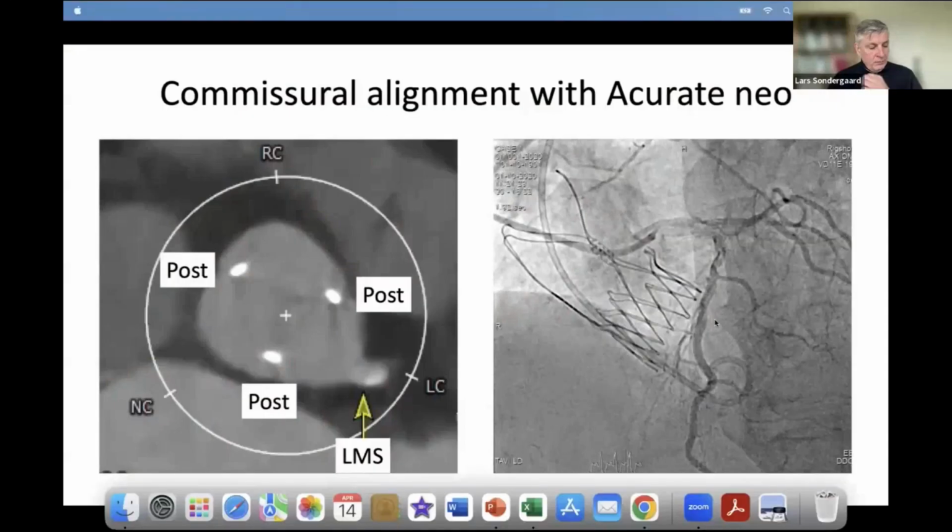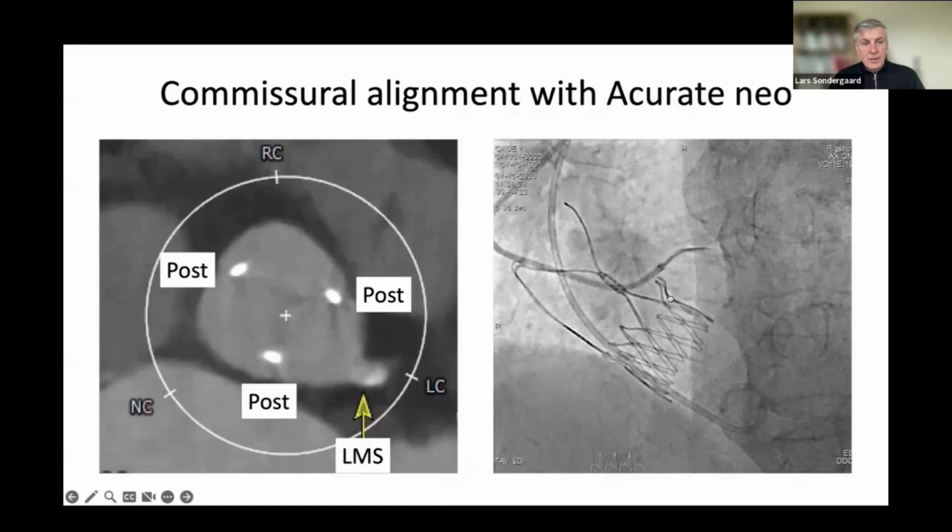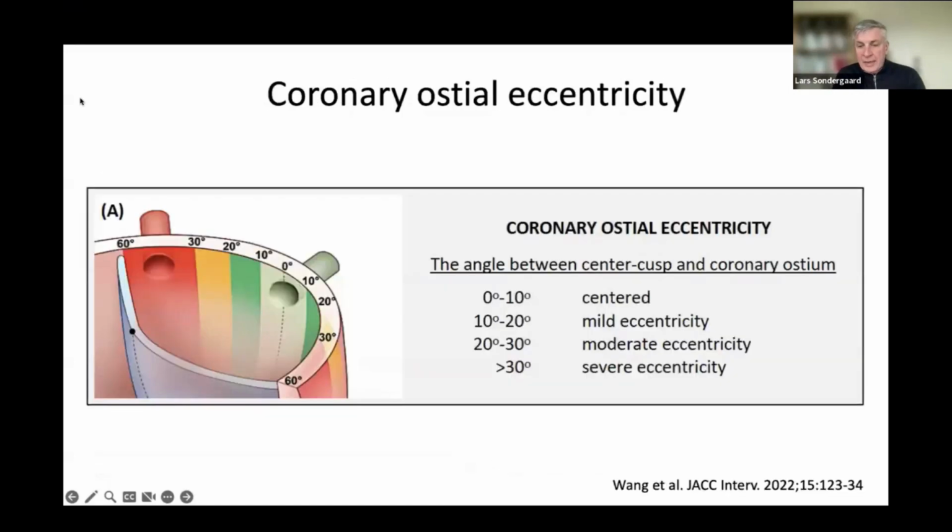I would just, to be complete, show a few more slides, because if you asked a cardiac surgeon, he would say that yeah, but these coronary arteries are not always taking off in the middle of the cusp. We assume that this artery is taking off in the middle of the cusp here, but sometimes you have what we call coronary ostial eccentricity, that is, moving to the side.